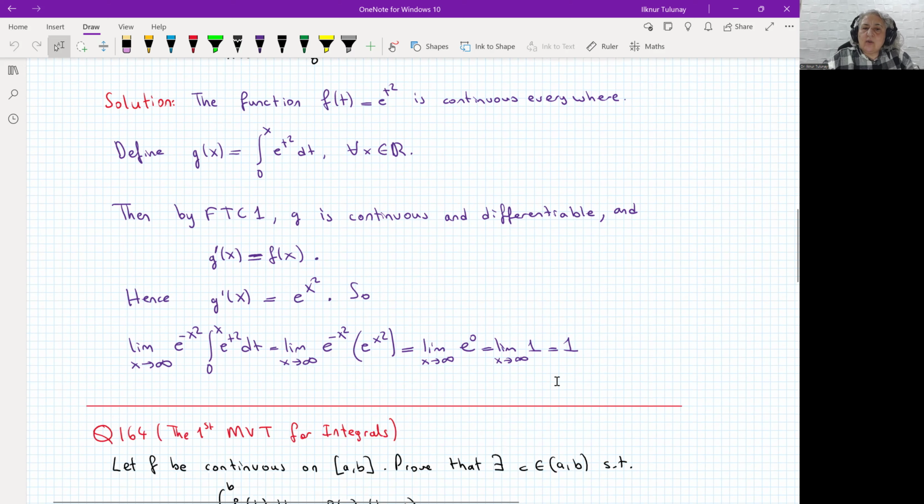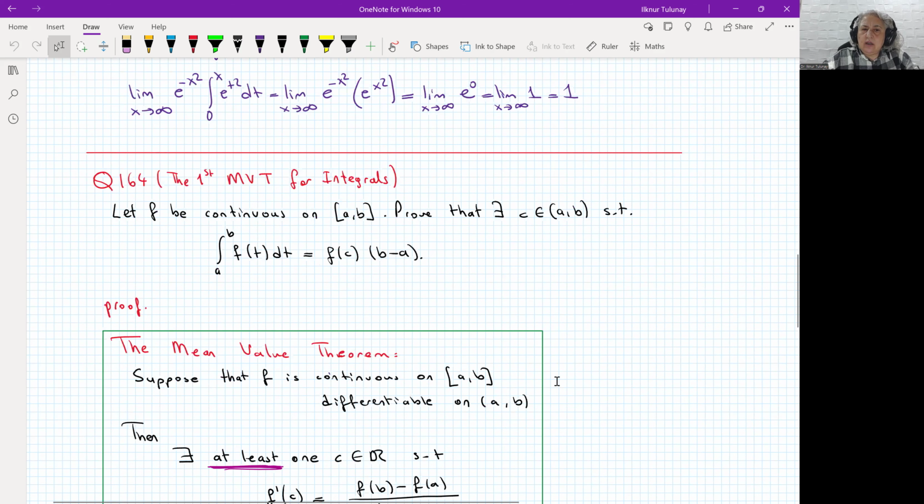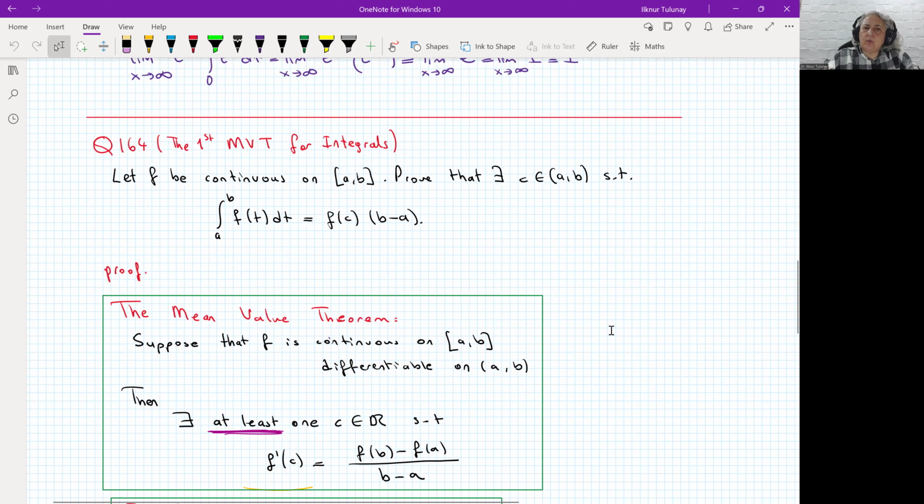Okay, this question is about the fundamental theorem of calculus, but we will also use the mean value theorem, and we will obtain the following result. f is continuous on the interval, and we would like to prove that there exists a c in between a and b satisfying this condition.